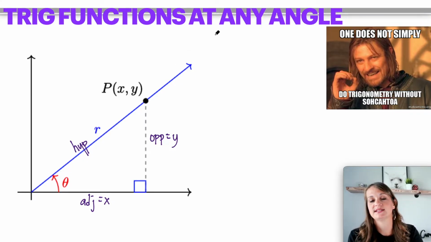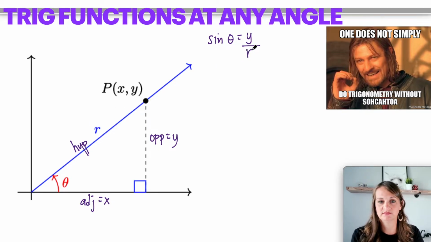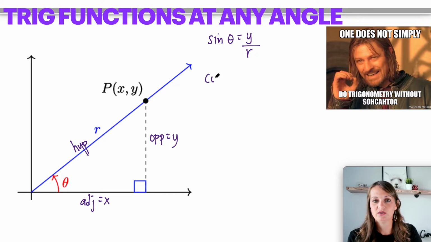So if I wanted to find the sine of theta, it is going to be my opposite, y, divided by my hypotenuse, which is r. If I wanted to find cosine of theta, it would be my adjacent divided by my hypotenuse, which is r.